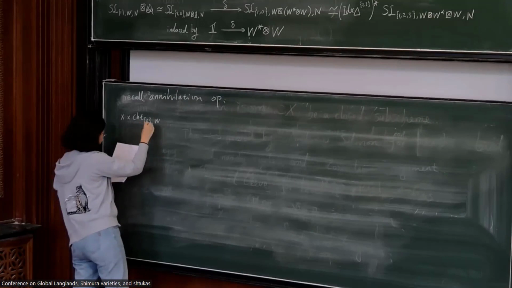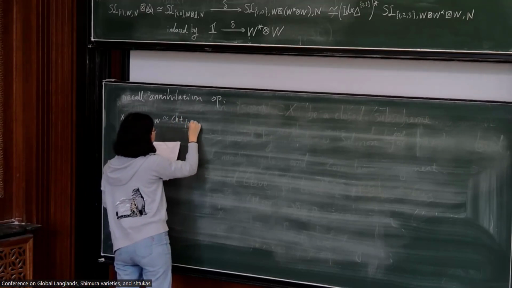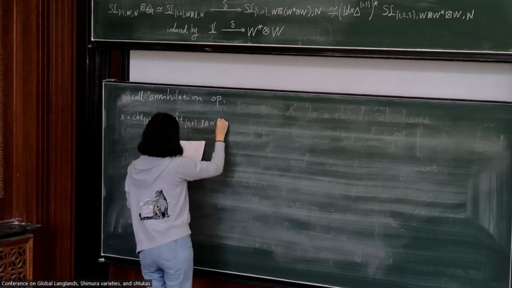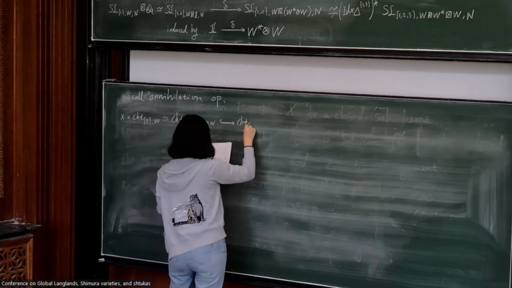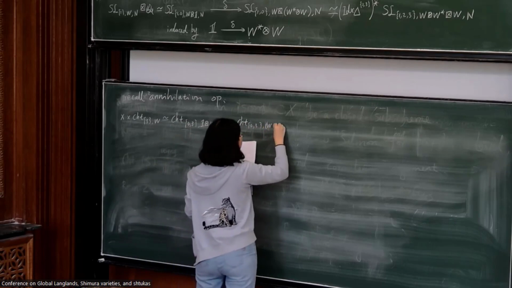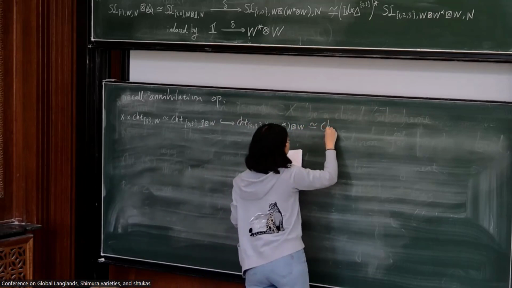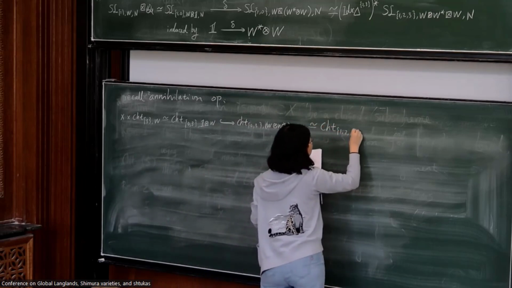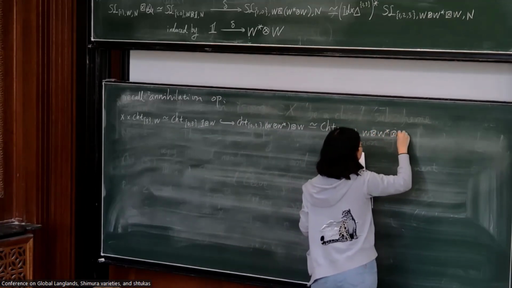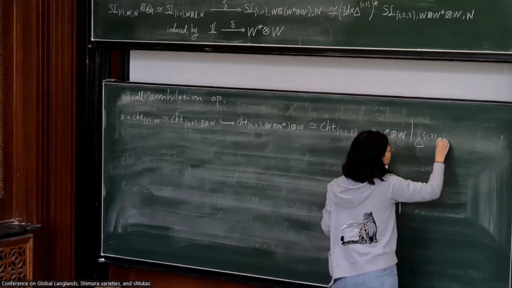So this is associated to the third leg. But this time restrict to the partial diagonal for the first and second leg.